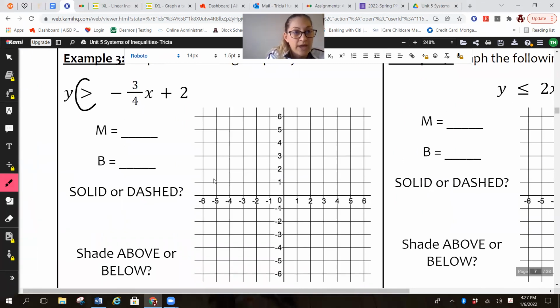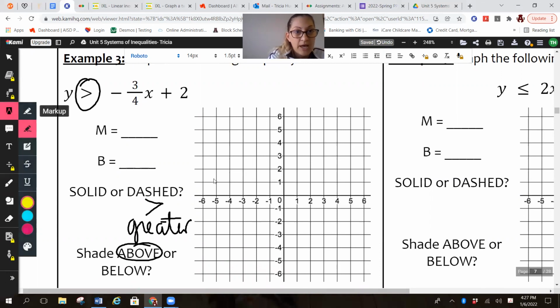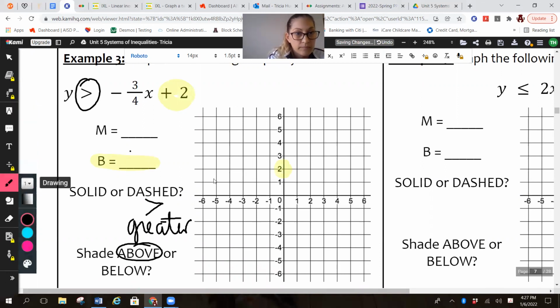Okay, again, we have a greater than. A greater than is dashed. Greater means above. All right, so we got that much. Now I'm going to highlight the y-intercept, and I'm going to graph the slope, -3/4.